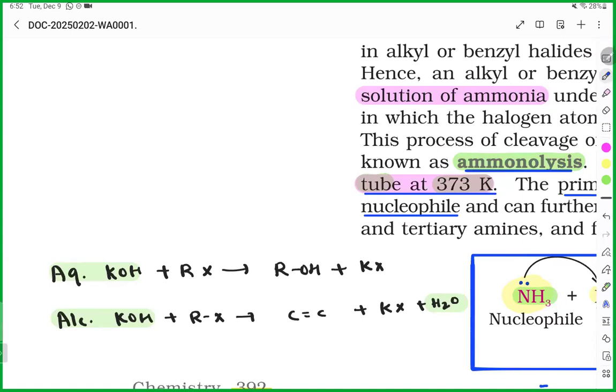Dehydration, right? They want to drink more water. Dehydration is one of the problems people face when they consume a lot of alcohol, because alcohol is a dehydrating agent.